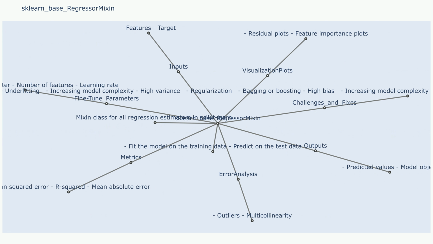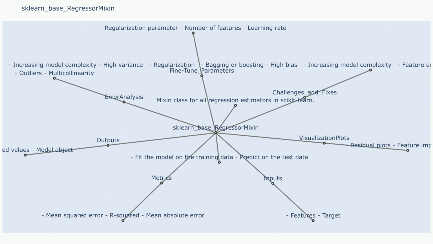The .fit method is called on the model with training data features and target variable. This step trains the model by learning the relationships between features and the target. Prediction. Once trained, the predict method can be used to generate predictions on new input data. The model takes the features as input and outputs predicted values for the target variable.